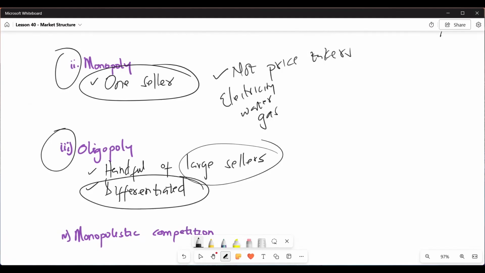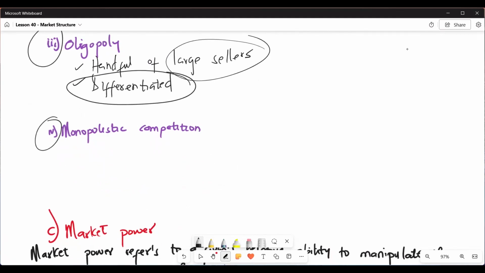Then the next market structure we'll be looking at is monopolistic competition. This is also quite similar to oligopoly, in that it is between monopoly and perfect competition. This is when we have many small to medium-sized firms.